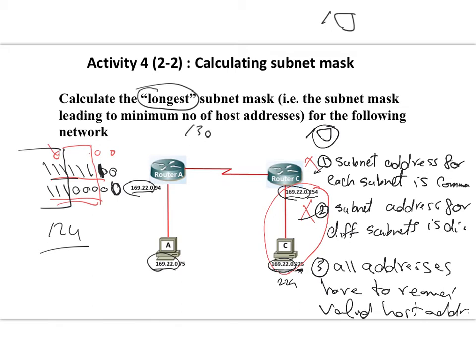The subnet for here will be different from here, and for each one it will be common. But what is the problem here? If we say /27, the 224 here will have all zeros in the host part, which means that it will not be a host address anymore.